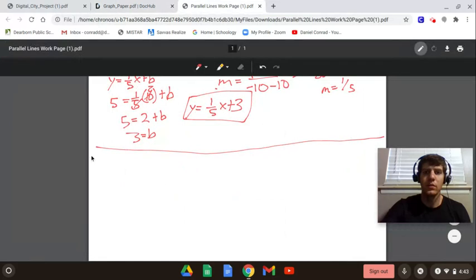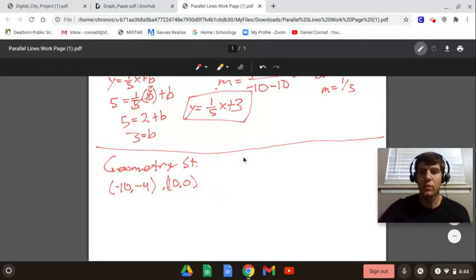So we'll go over to this page. For Geometry Street, our points were -10, -4 and 10, 0. Again, we can show our slope is rise over run, or change in y over change in x. Let's stay consistent here: this one is x2, y2, and this one is x1, y1.